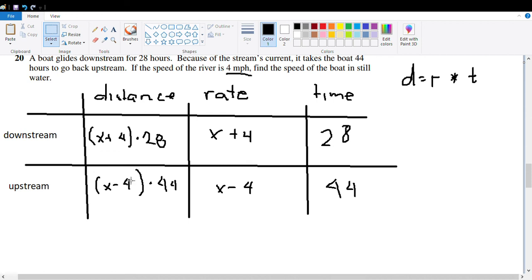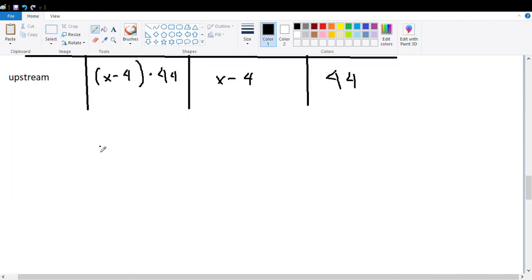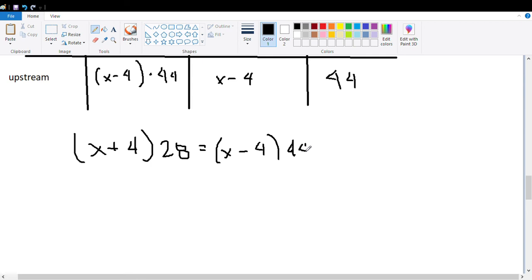So that means x plus 4 multiplied by 28 is equal to x minus 4 multiplied by 44. Since they're both the same distance, they have to be the same thing, right? So that means we can solve for x.